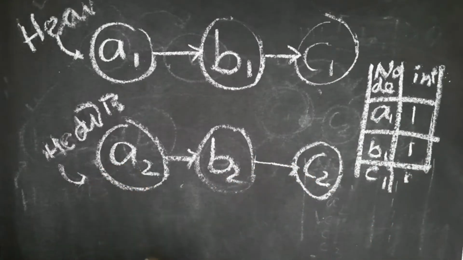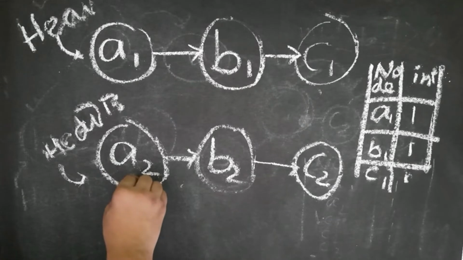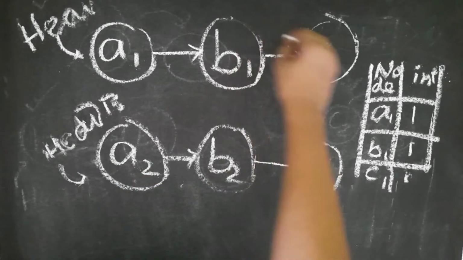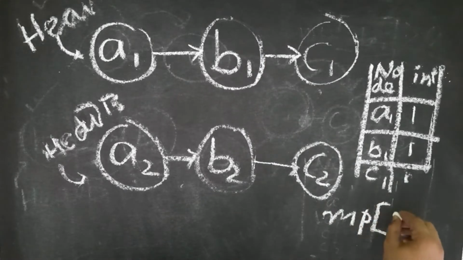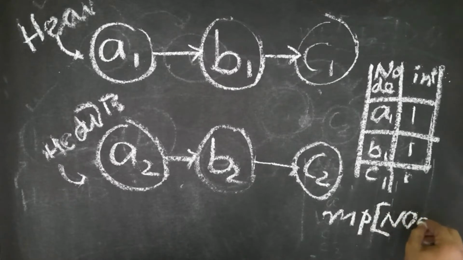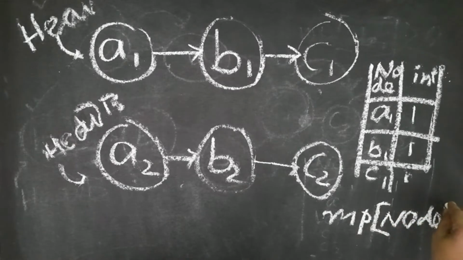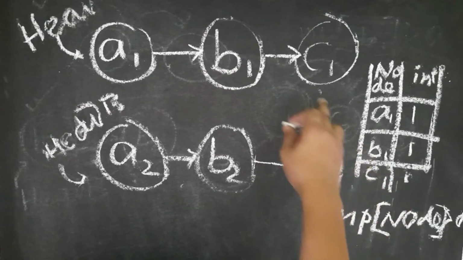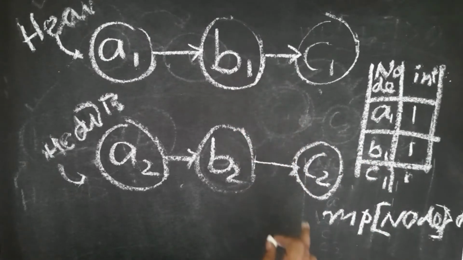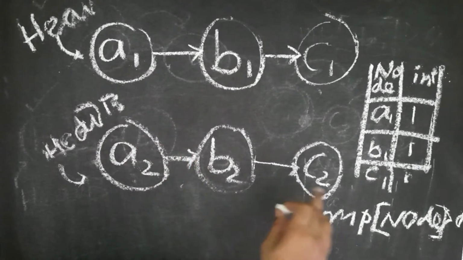And while iterating through B, we are going to check, if the name of the map is MP, whether MP of that node is greater than 0. That will tell us that the node is present in head A, so the lists intersect, and we will return that answer.